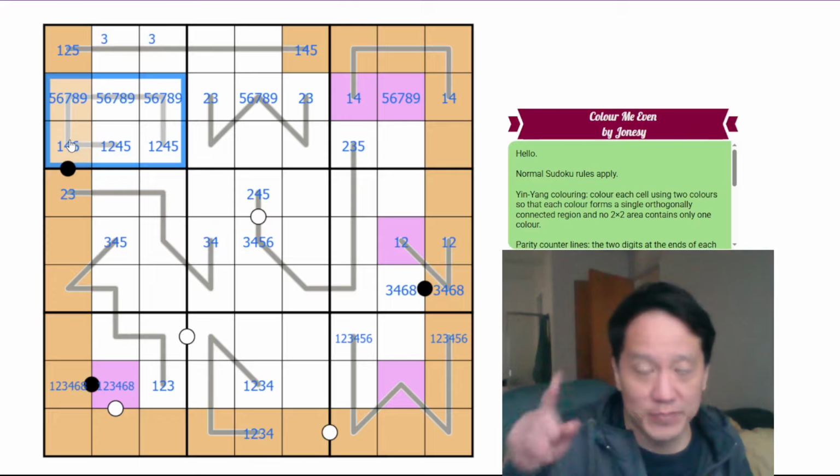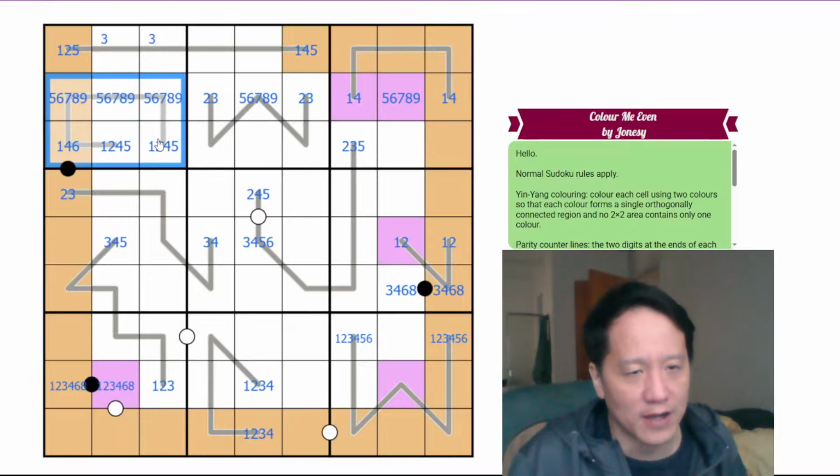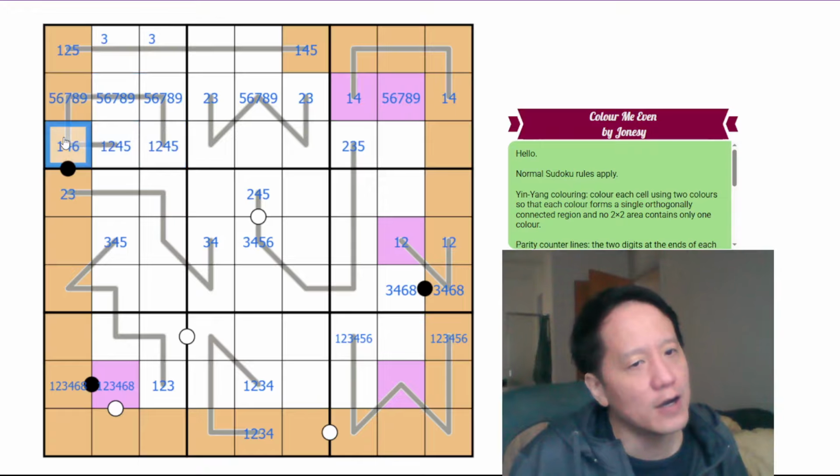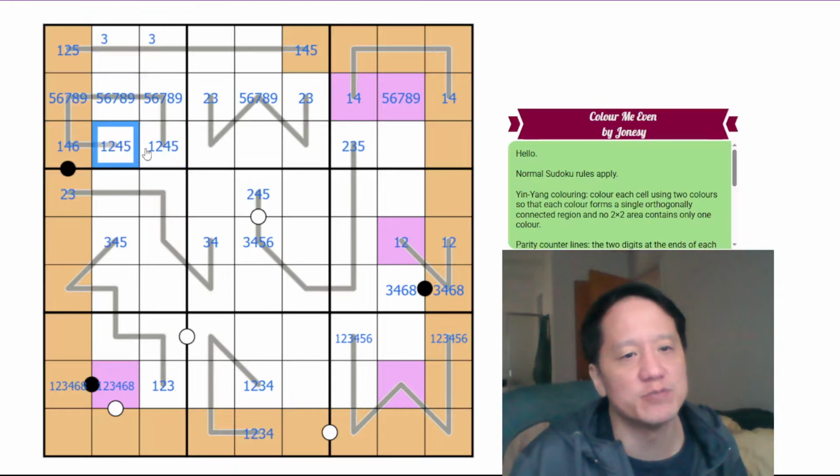Hold up, sorry. Let's take it back. If this is even and this is even, that means you cannot have 5 evens in the box on the line, and you already have 2 evens. So it would have to be 2 and 4 here. If you have an odd here, it's 1, which means this can't be a 1-5 pair to add up to 6, so it must be 2 and 4.